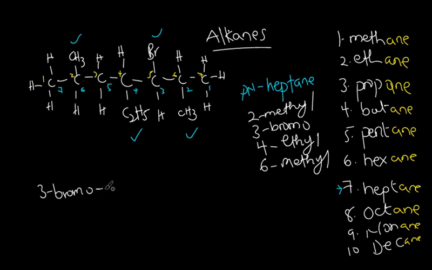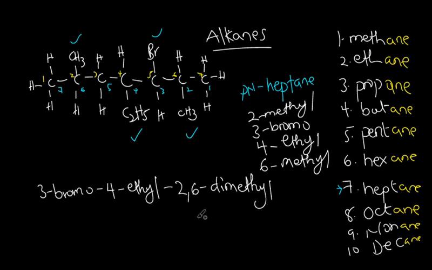Then the one that comes after B will be E, so we have 4 ethyl. 3 bromo, 4 ethyl. Then we have methyl group, which is M, which will be the last, so we have 1 on carbon 2, 1 on carbon 6. We need to specify their position, their location. So we have 2,6 dimethyl.